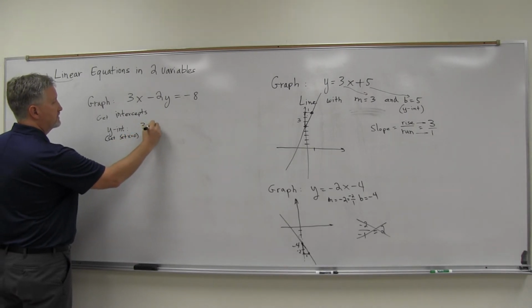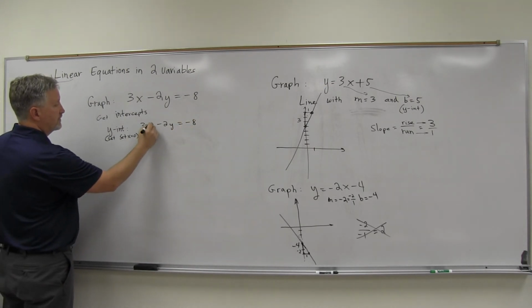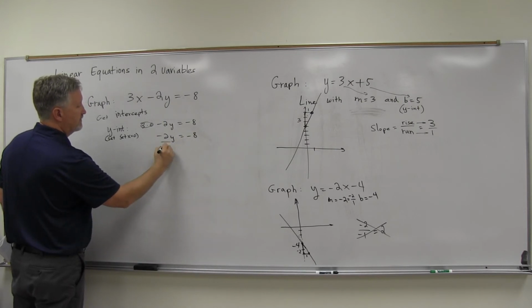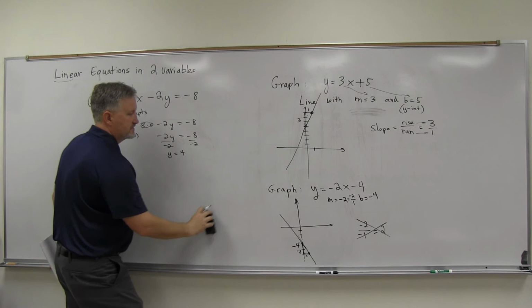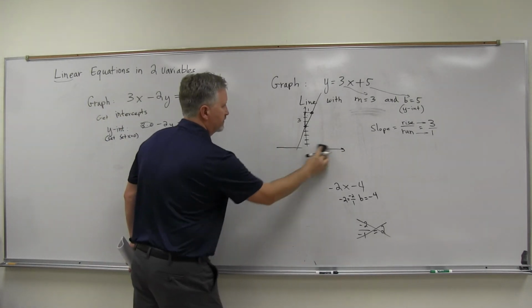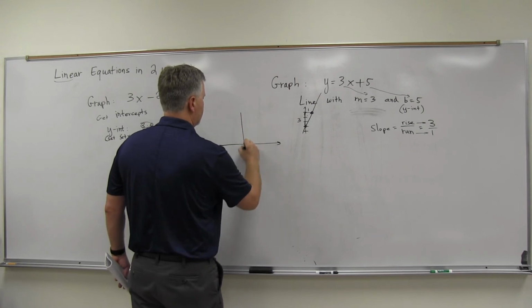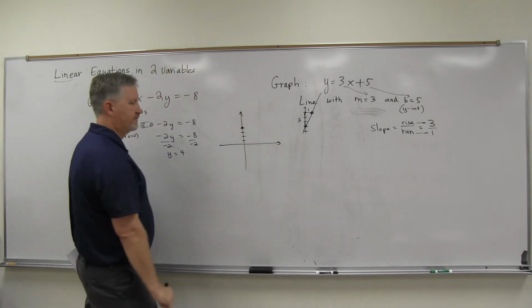And that's a pretty quick way of getting that point. It's going to be negative 2y equals negative 8, divided by negative 2 is 4. So the y-intercept on this thing is going to be 4, or (0, 4). So it's going to cross the y-axis at 4.